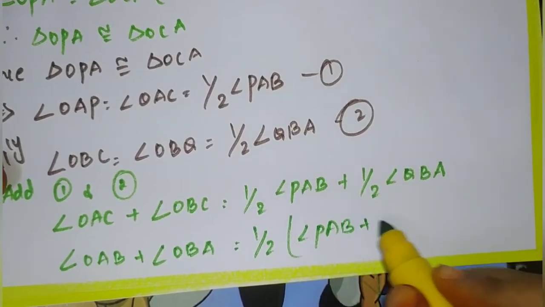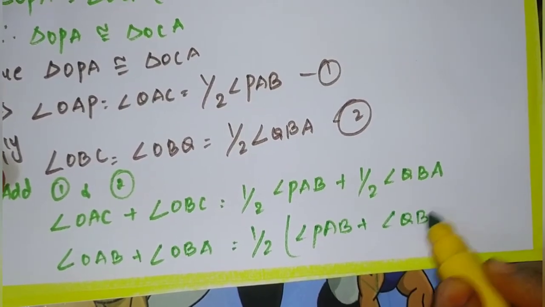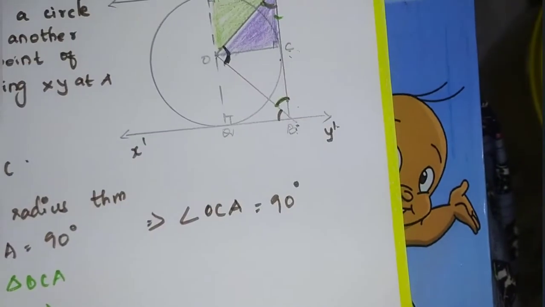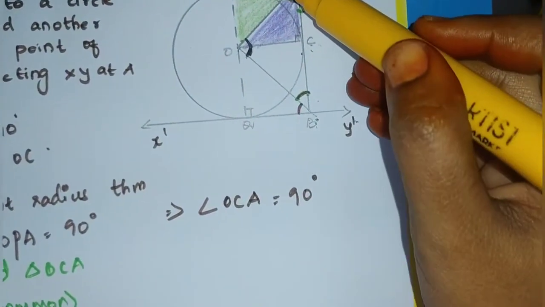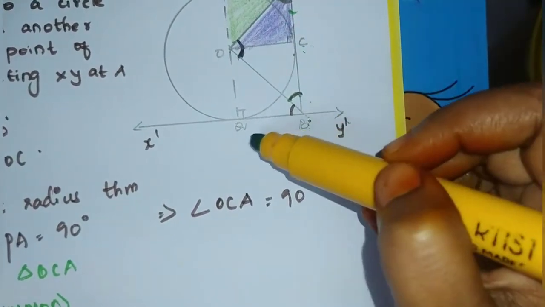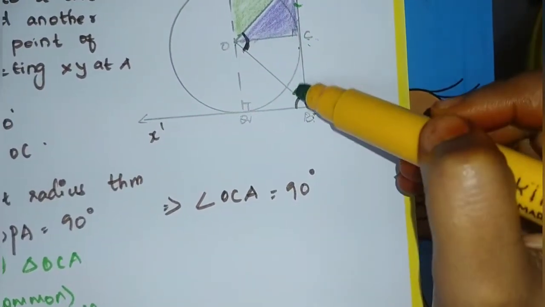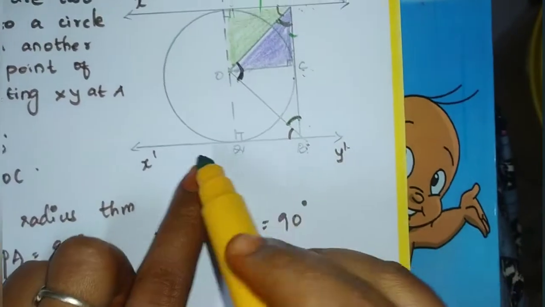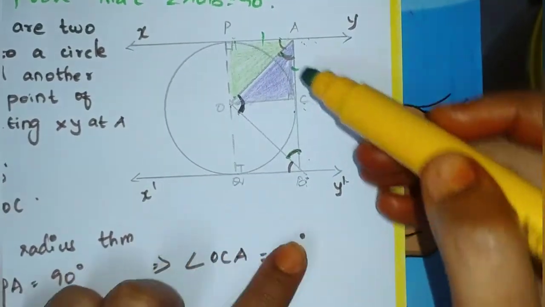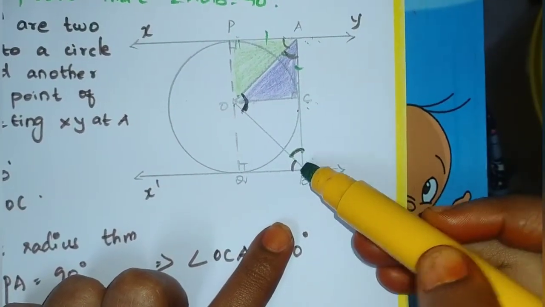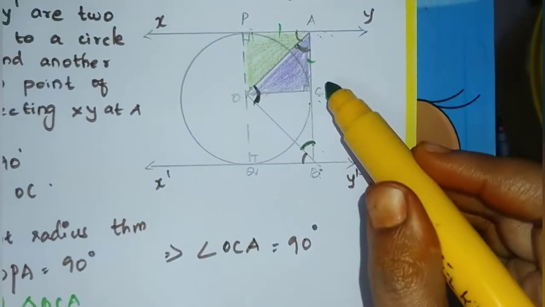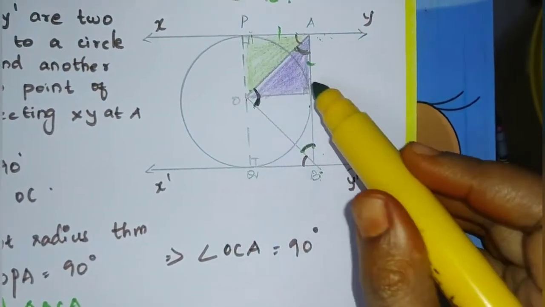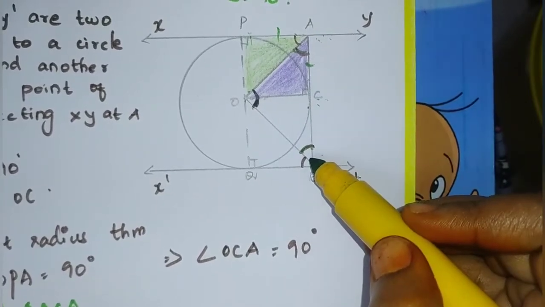angle PAB plus angle QBA. So where is PAB? PAB, this angle, and QBA, this angle. These two lines are parallel and this is the transversal, so the sum of the consecutive interior angles will be 180 degrees.